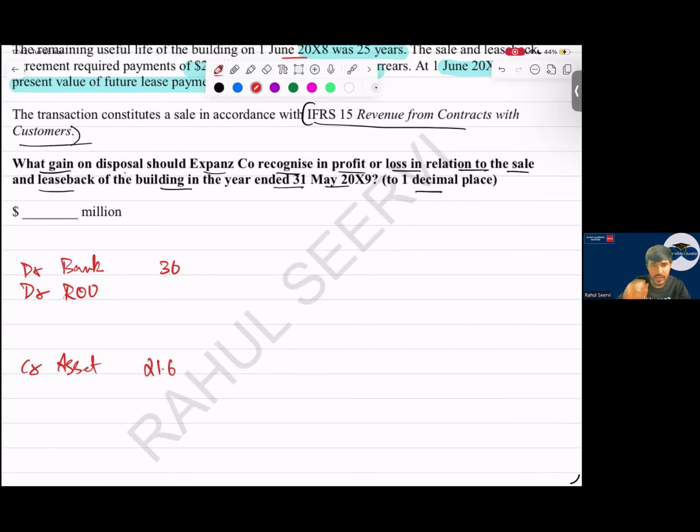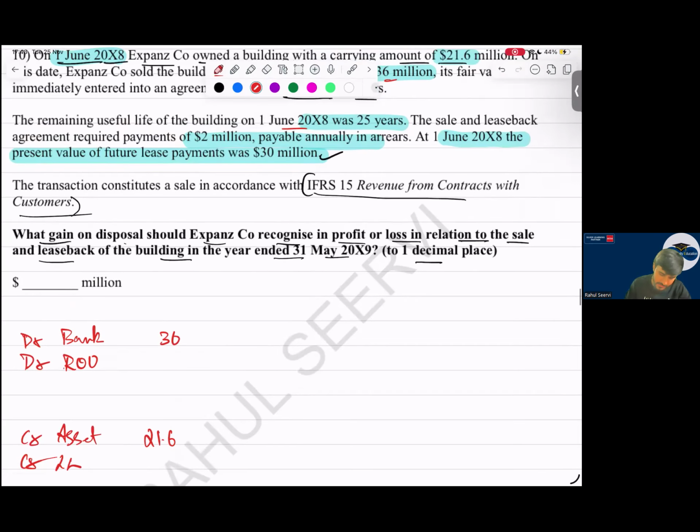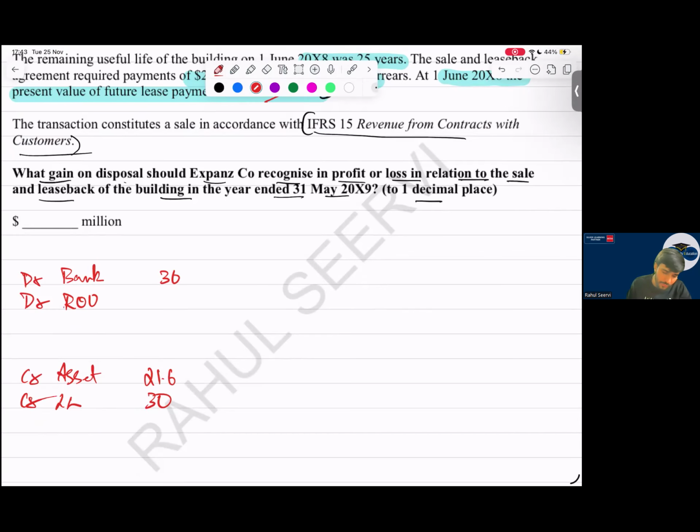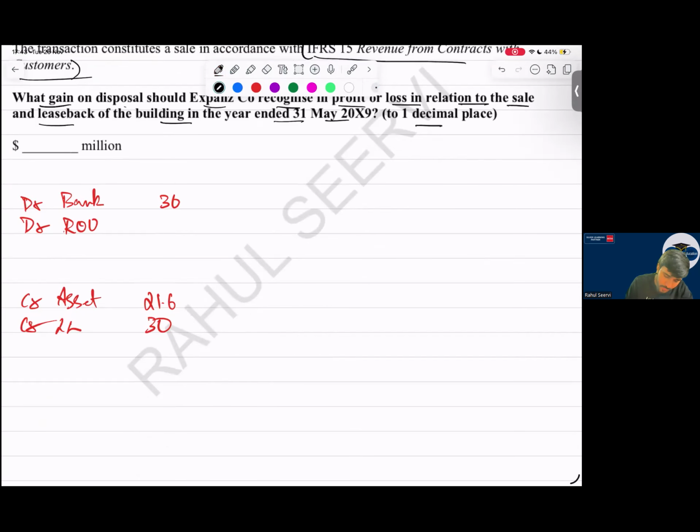And we will recognize the gain on what? We will recognize the gain on the right that has been disposed, the right that has been transferred, not the right retained. So, credit lease liability. What is the lease liability? 30 million, sir. So what is the right-of-use asset formula? If you remember, the ROU formula was carrying amount into present value of lease liability divided by fair value.